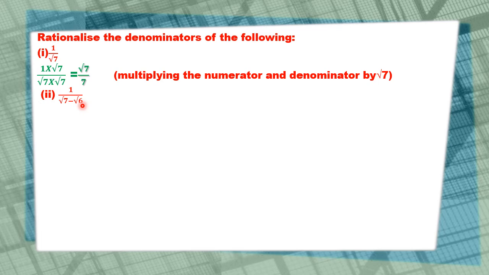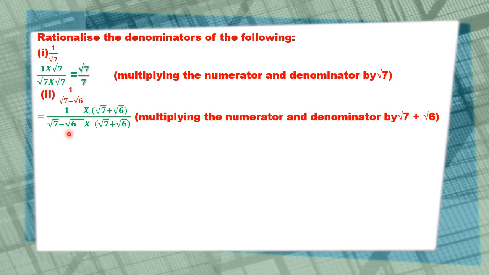Here root 6 will be multiplied by root 6. It means it will be b square. A squared minus b squared. Which identity works over here? A plus b, a minus b is equal to a squared minus b squared. We are already having a minus b. We will require a plus b. So which number will we require? Let us see in the next step.